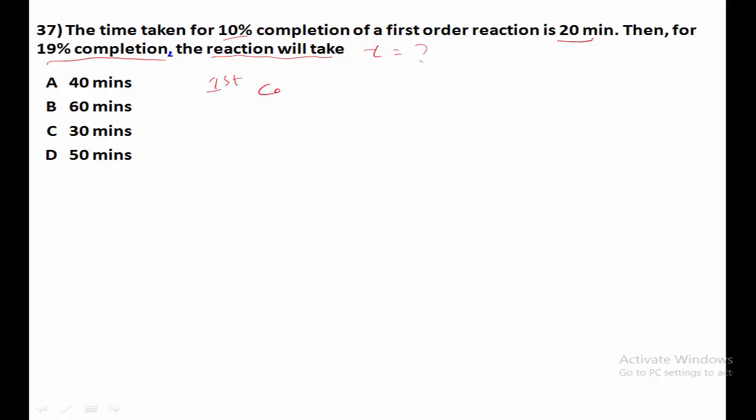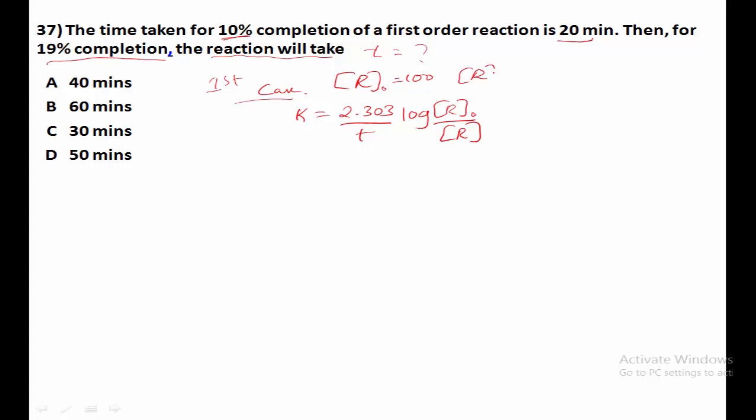Here, what they have given is the time taken for 10% completion. You know the equation: k is equal to 2.303 divided by t, log R naught divided by R. Now, what is the initial concentration? It will be taken as 100. How much percentage of reactant has been completed? 10%.